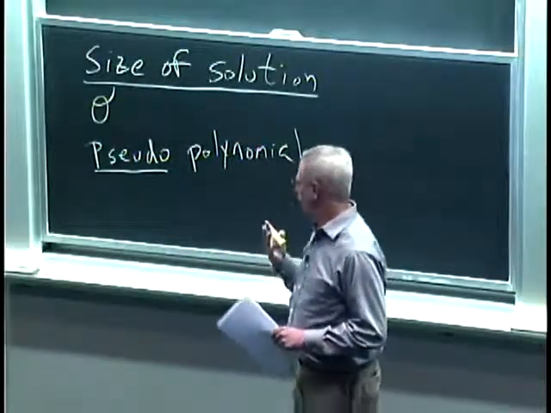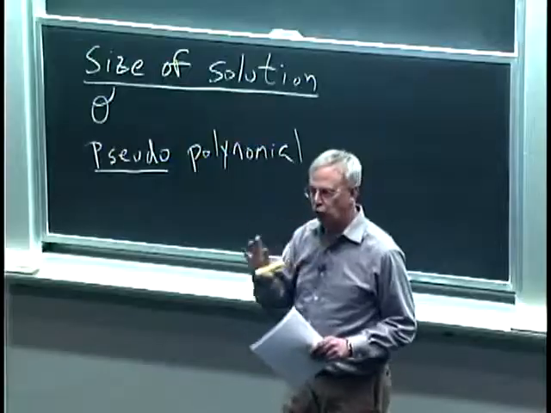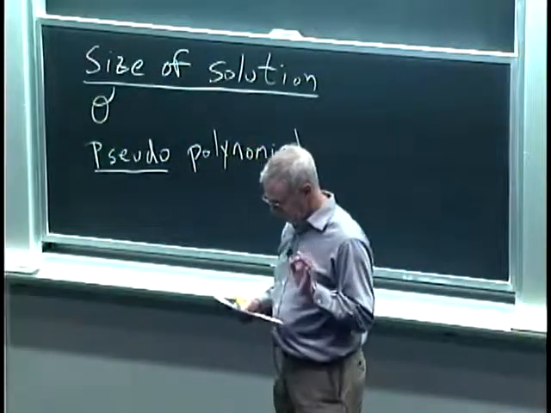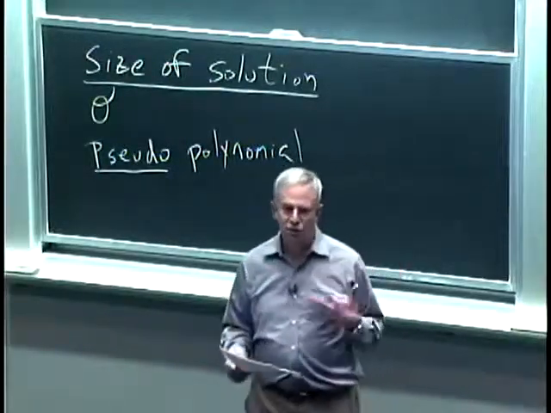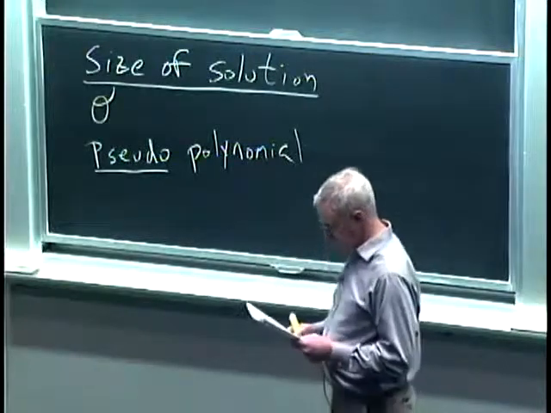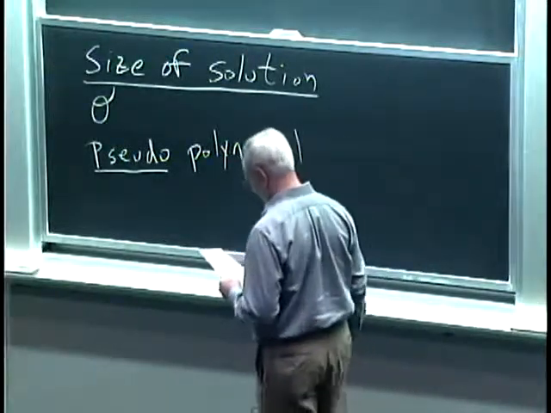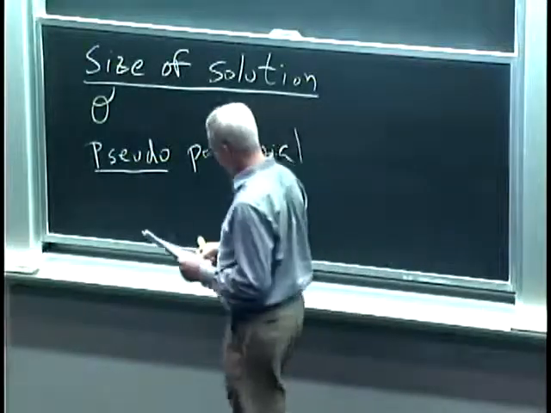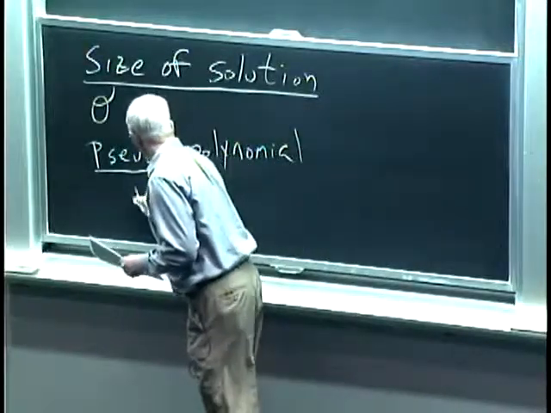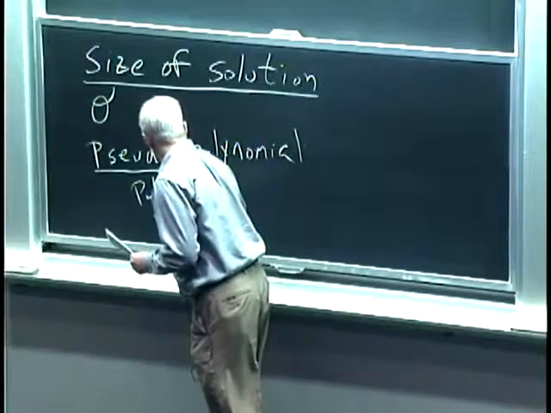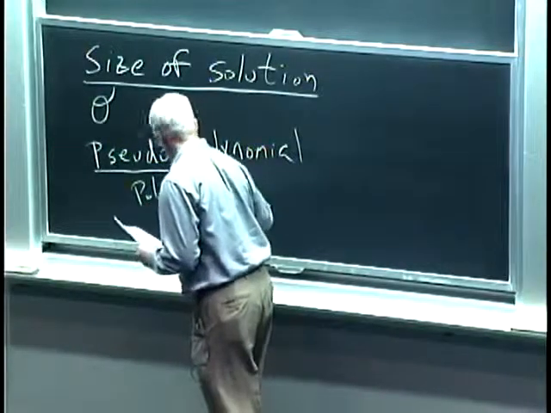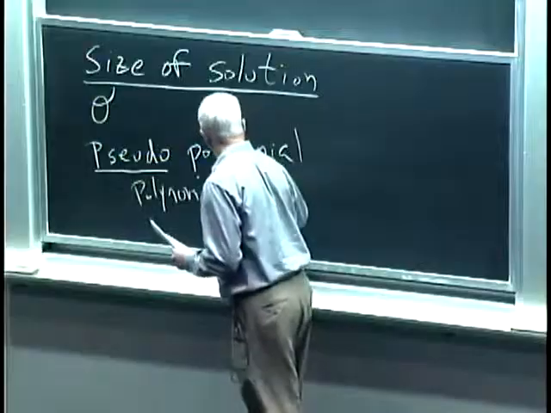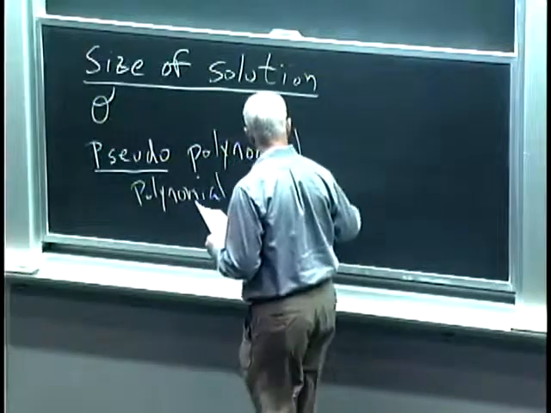More formally, and again, this is not crucial to get all the details on this, if we think about a numerical algorithm, a pseudo-polynomial algorithm has running time that's polynomial in the numeric value of the input.